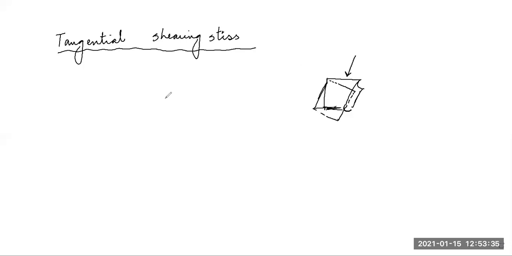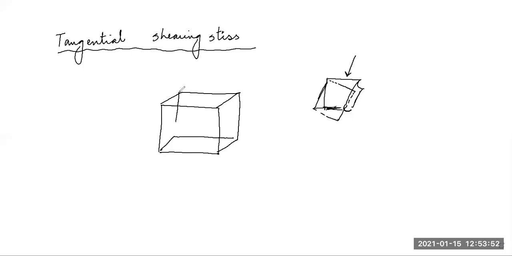So in order to understand it better, let's say we have a cube or a cuboid. Now let's say the bottom surface of this cube is fixed. Very important. In engineering, we show it like this.